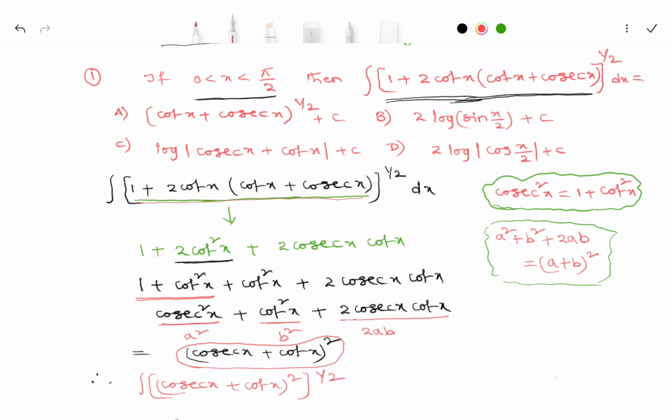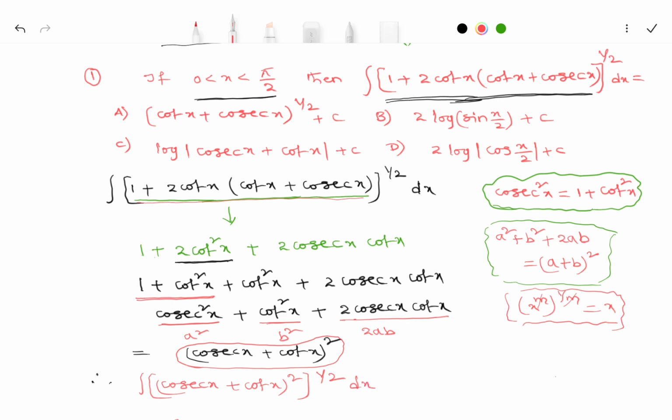You know one of the basic formulas: (x to the power of m) whole to the power of 1 by m is equal to x. This is a fundamental formula in indices, right?